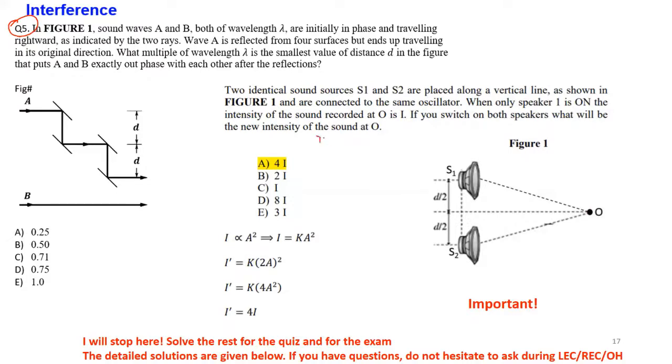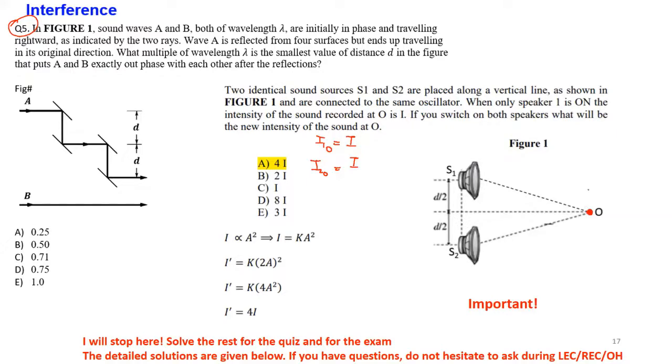The intensity of 1 at O is I. The intensity of 2 at O, if only 2 is working, is I. So what is the new intensity if I put both of them together?